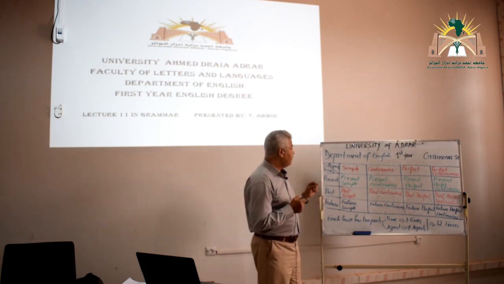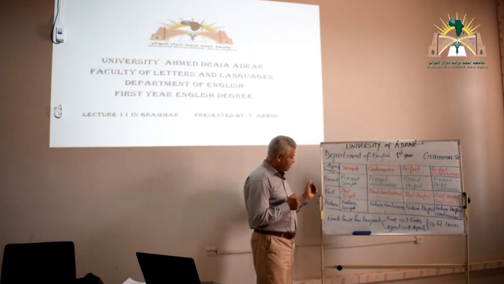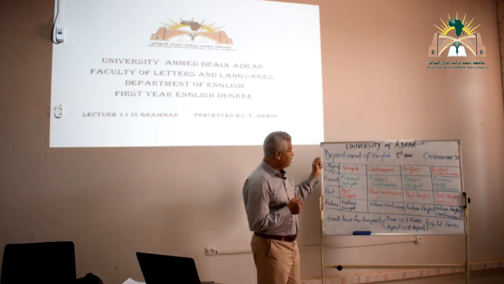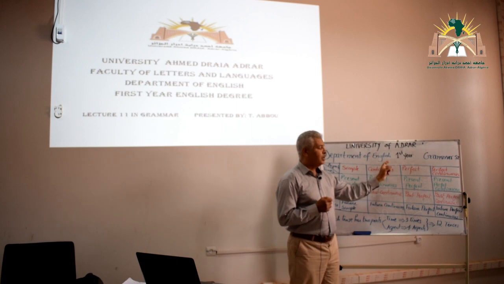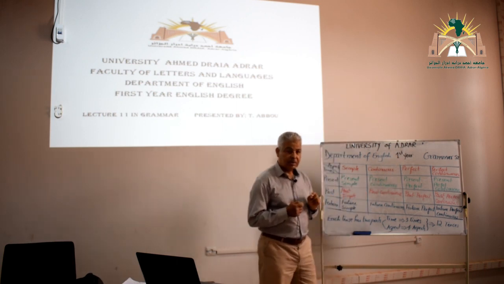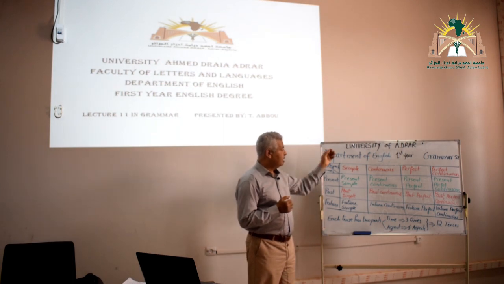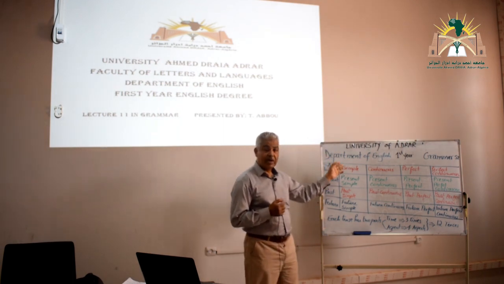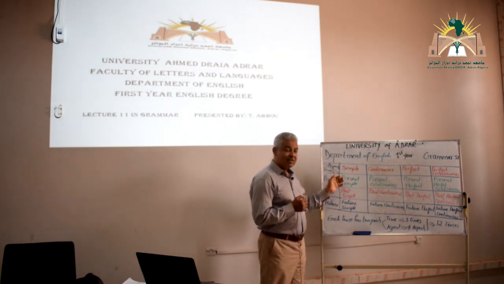All right? We have 3 times: the present, the past, the future, and 4 aspects: simple, continuous, perfect, and perfect continuous.